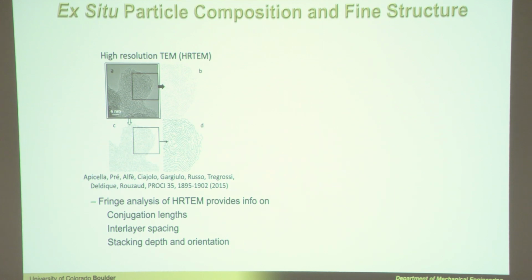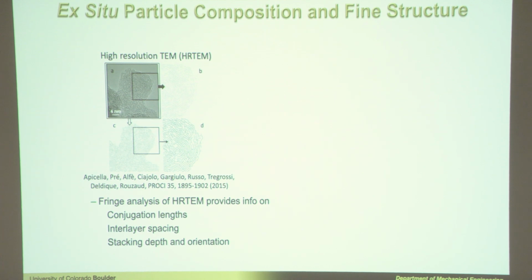Okay, and then you can take these TEM machines and do high-resolution TEM. This is a different machine where you actually get the fine structure of the particle. People think they can see even how big these graphene-like sheets are, and they can even calculate if it has a little bit of curvature, and how much curvature it has.